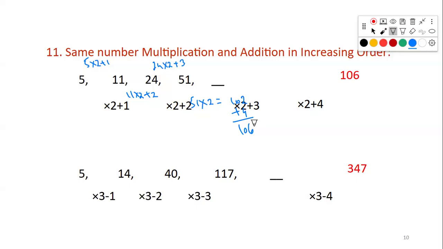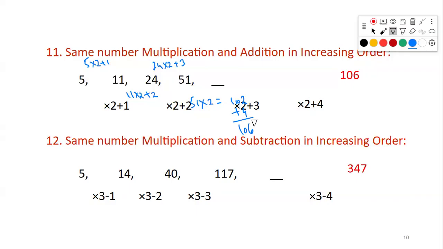So basically whatever the number, I am making it 3 times, subtracting 1, next time subtracting 2, next time subtracting 3, and next time subtracting 4. What is common? Multiplication by 3 is common. Same number multiplication, subtraction, in increasing order.